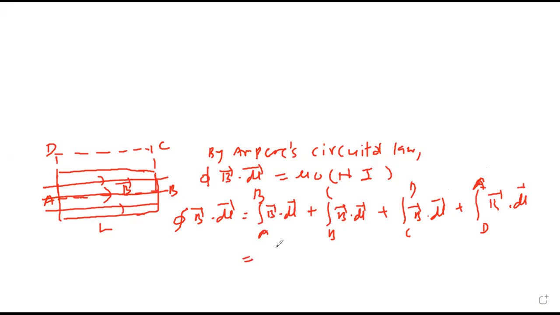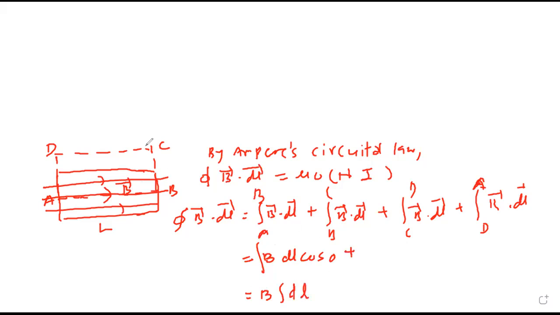A to B, B and l both are in the same direction, so it will be B dl cos 0, which will be B integral of dl.